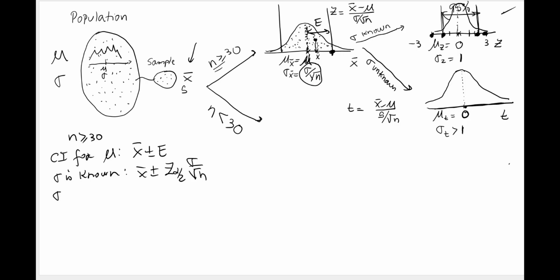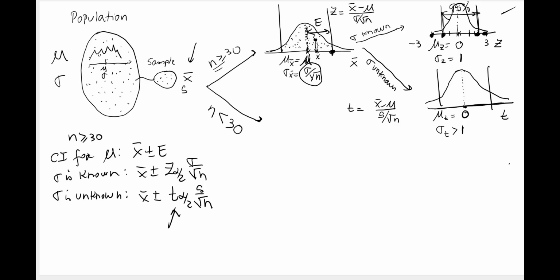And when sigma is unknown, then we need to use the t-student distribution. Then my maximum error will be computed by t alpha half, but instead of the standard deviation of the population, we use the standard deviation of my sample.